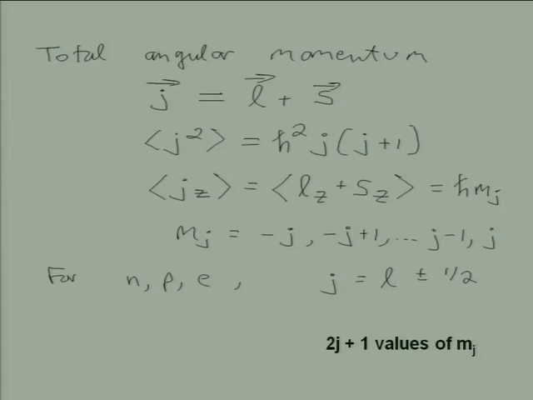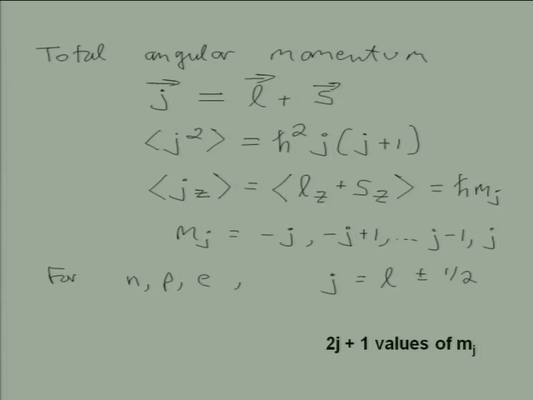J has a magnitude. And the way we often talk about it is in terms of the magnitude of J squared. And one of the weird things quantum mechanically is that the value of J squared is h bar squared times J times J plus 1.